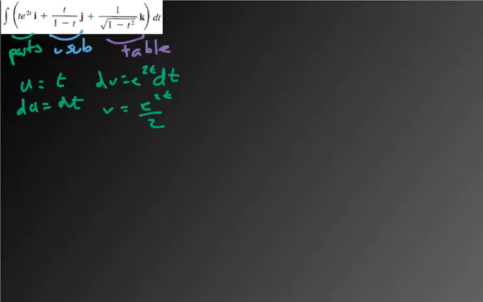Yeah. So then parts is uv, so t e to the 2t over 2, uv minus the integral of v du. So I'm going to pull the half out too. So the integral of e to the 2t dt. So, this is my v du.